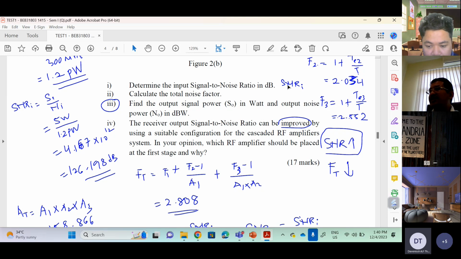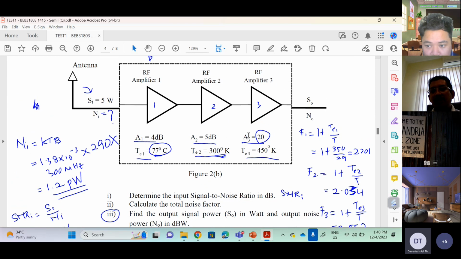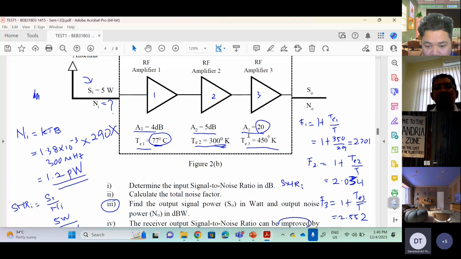Okay. So caranya adalah, okay, daripada susunan ini, kita perlu memilih amplifier yang mempunyai noise factor terendah supaya dia diletakkan di bahagian first stage. Saya ulang, amplifier yang mempunyai noise factor yang paling rendah perlu diletak di bahagian pertama sekali. The first one over here.